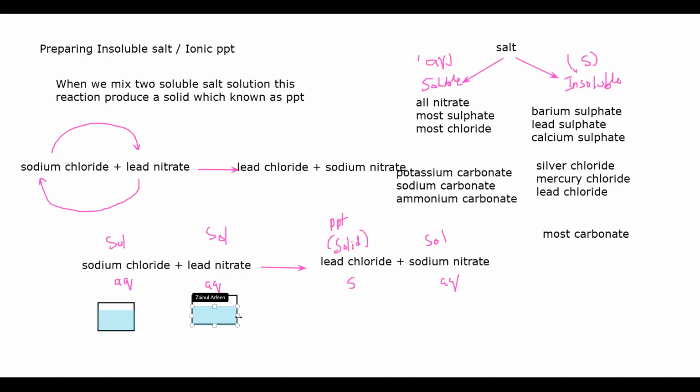So when we mix them together into another container, what will we observe? As they mix with each other, it will form a solid. And lead chloride is yellow in color. So you'll observe that yellow solid or crystals are formed.